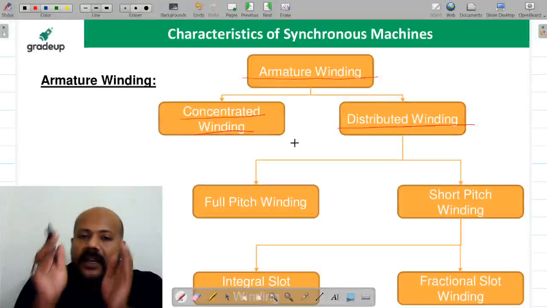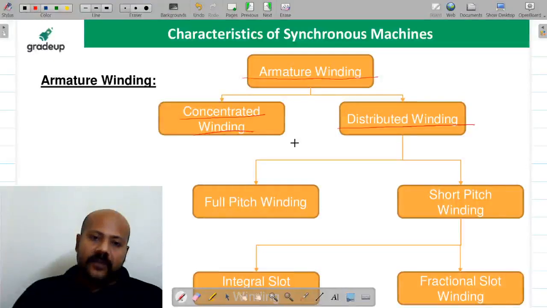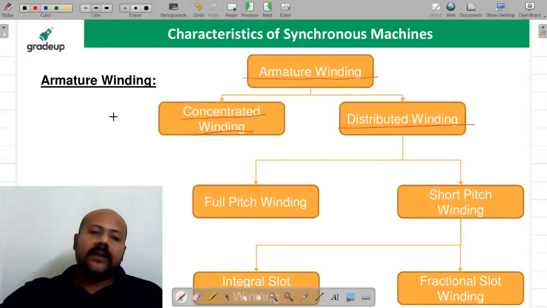In general, if you ask me what is the difference between concentrated winding and distributed winding, the idea is, suppose you are having a slot like this. I am just giving you a small understanding so that you understand a little bit. Later on we are going to discuss it in detail.